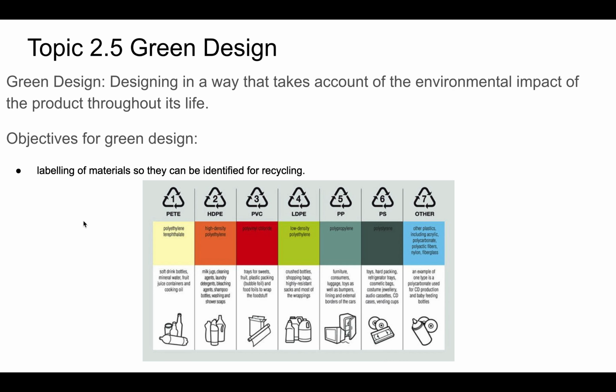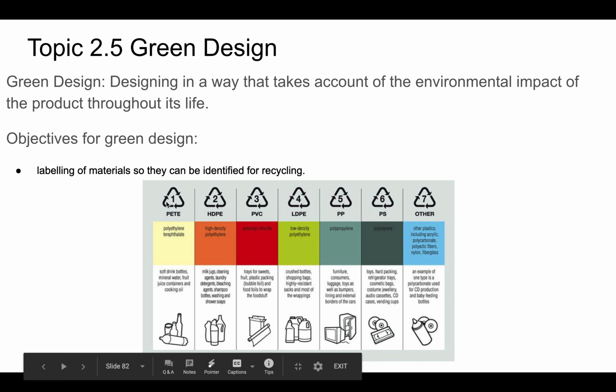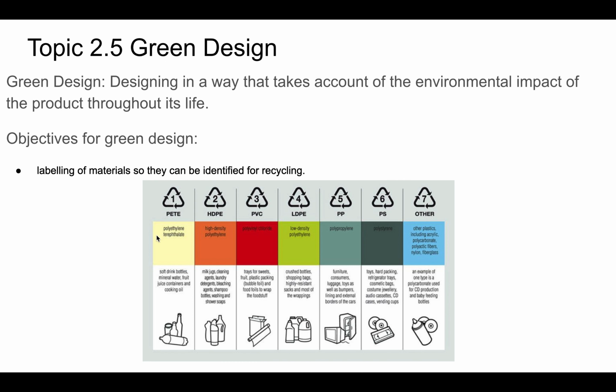Labeling, okay, so we want to make sure that products are labeled so that they're easy to recycle. And again, this comes with separating. You can't basically recycle this PET, polyethylene terephthalate, with PVC, right? Those two have to be separated.